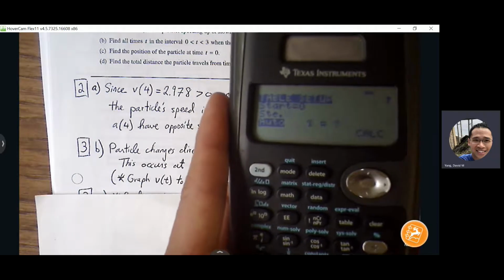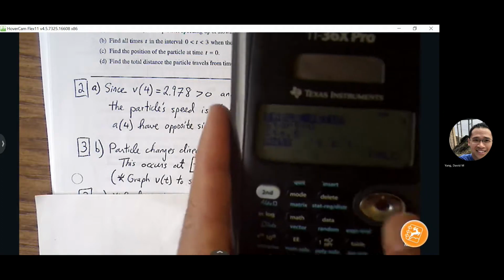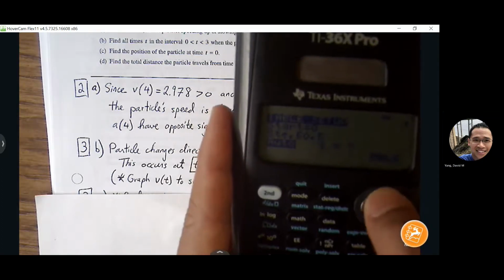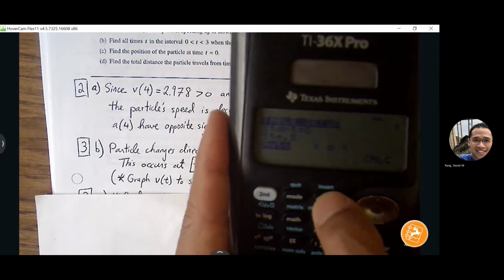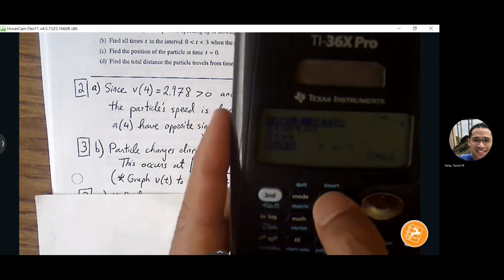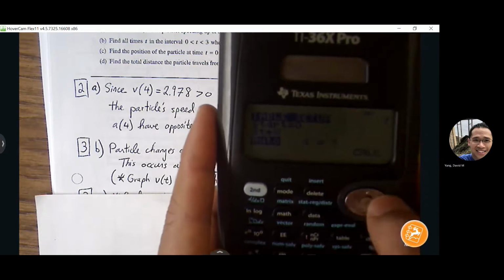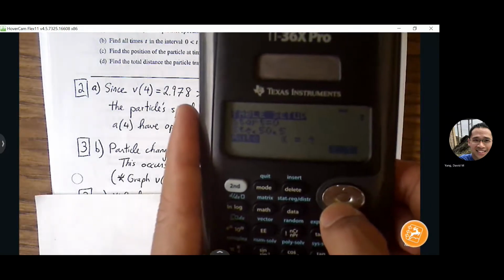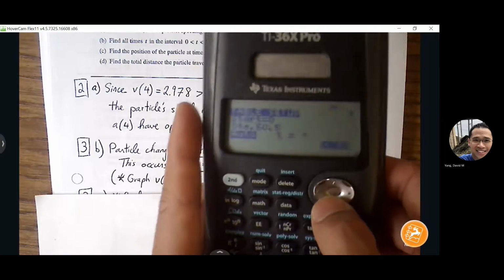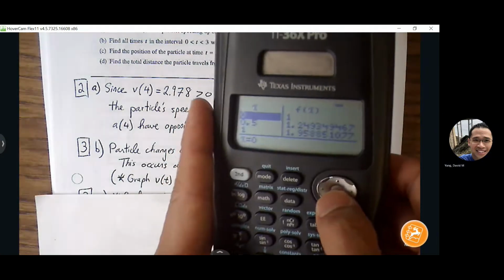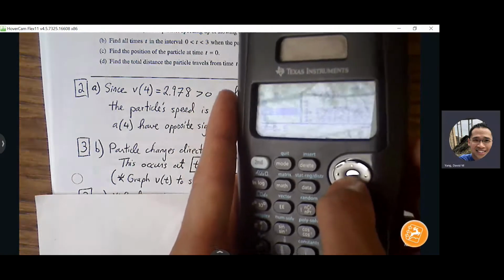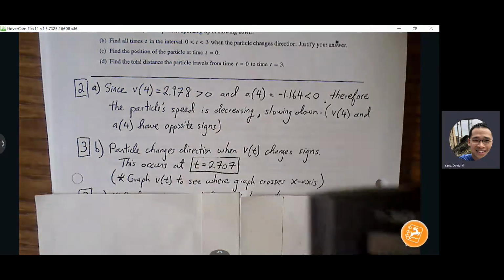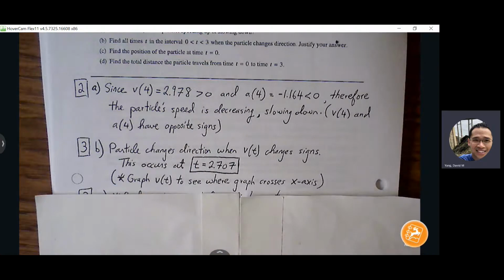Maybe you want to start at 0.5. And then you can step through and look at your y values and see where your y values change signs. And if you're wanting to get even more accurate, then you can go back and change your step to an even smaller interval, like 0.1 or 0.2.